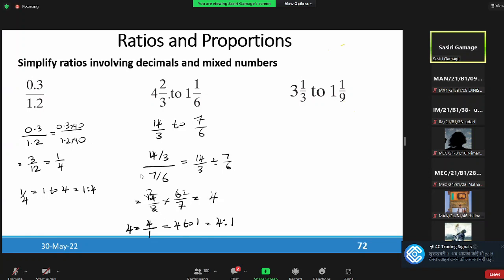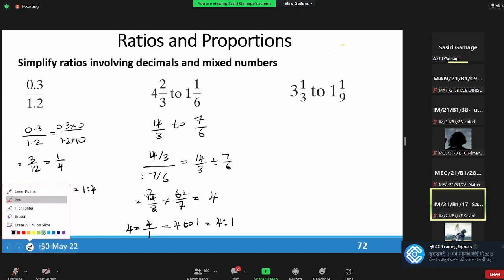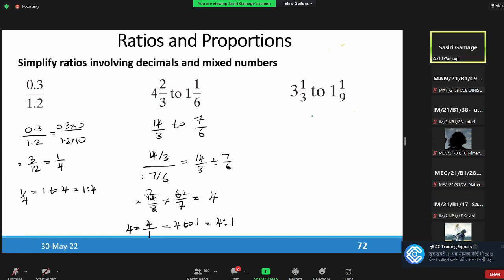Then I convert it into the simplest form. Then can you try this and tell me the answer? 3 to 1. Okay, let's see. Okay, I'll do it quickly.